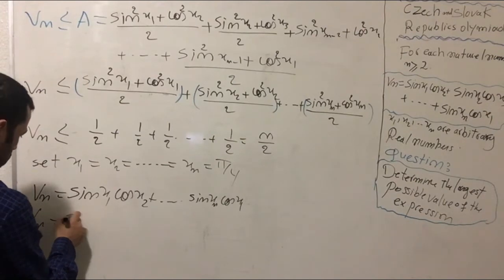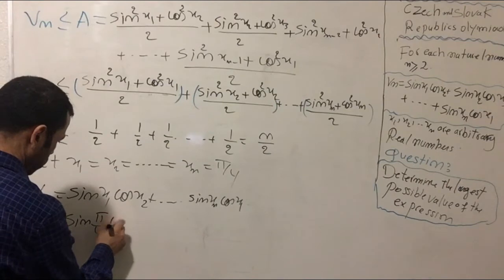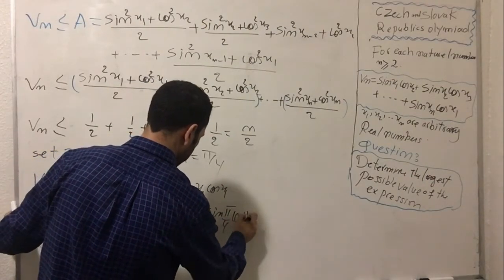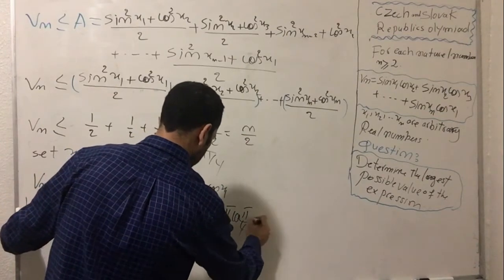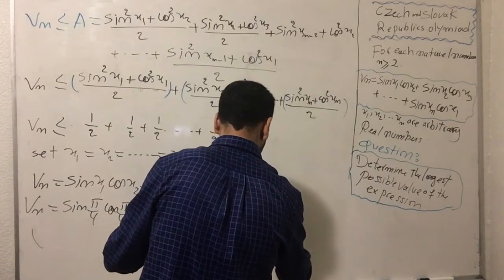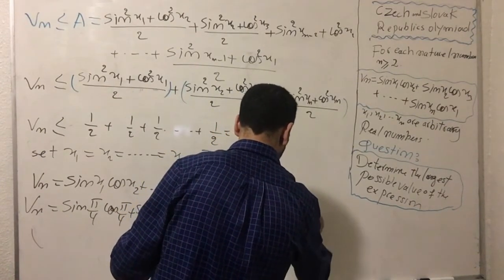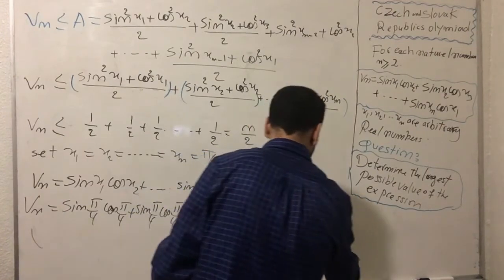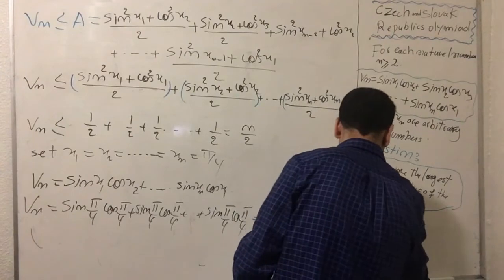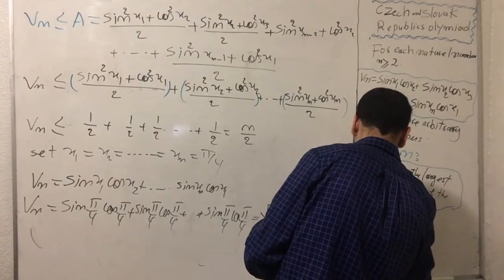I will have sine of pi over 4 multiplied by cosine pi over 4. Okay, equal to square root 2 over 2 multiplied by square root 2 over 2 plus square root 2 over 2 multiplied by square root 2 over 2, and all the way down until we get the last term, square root 2 over 2 multiplied by square root 2 over 2.